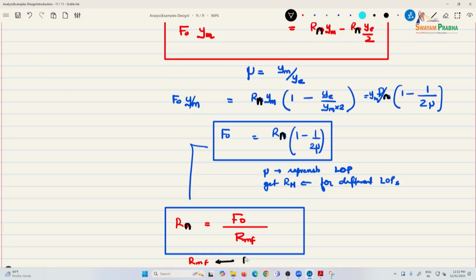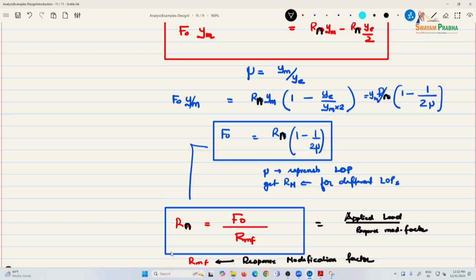Now, this is what we call the response modification factor. So, we have an applied load divided by a response modification factor, and we instantly get what Rn is.